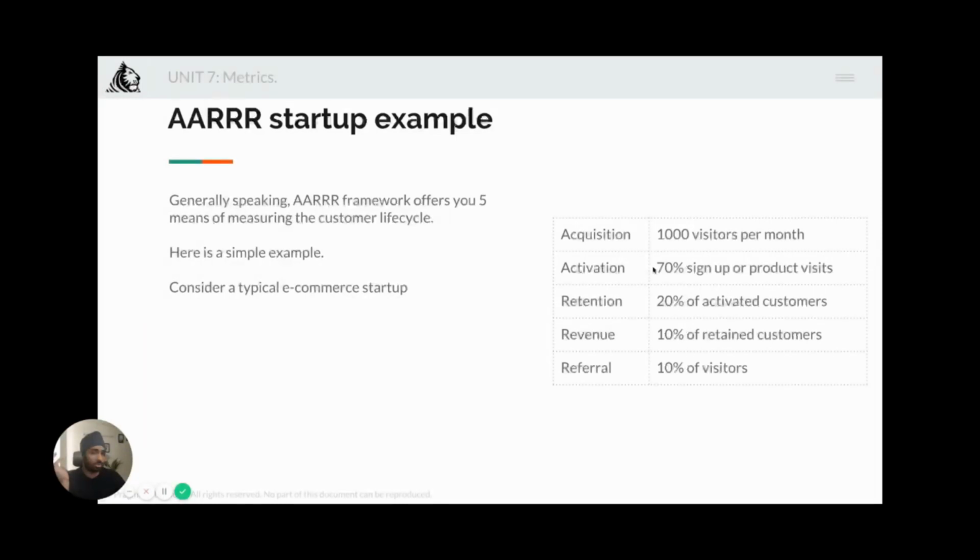Only 20% of 700 users will return after first visit, which is retention, right? From 20%, which is now 140 users, only 10% are paying, right? So only 14 users are paying each month.